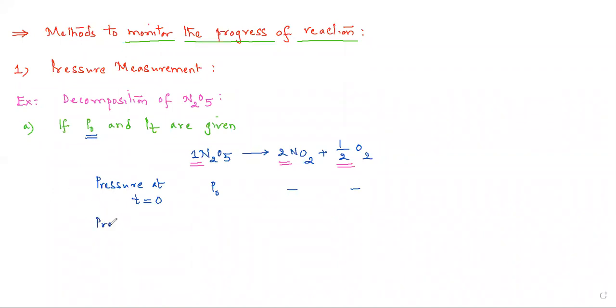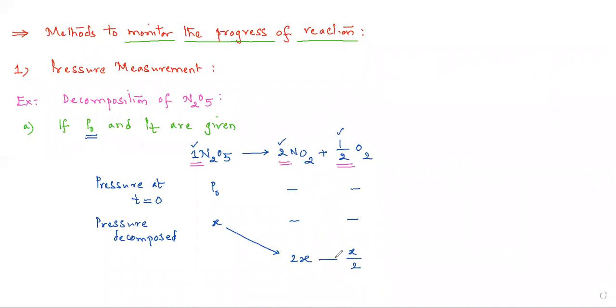Now, pressure what has reacted, or let me say decomposed. Reacted is anyway taken as X always. Now, following the ratio, X gives rise to 2X here, and in this case it is X by 2.